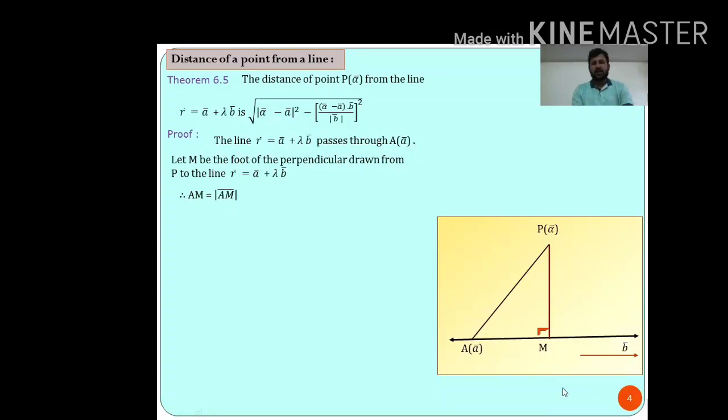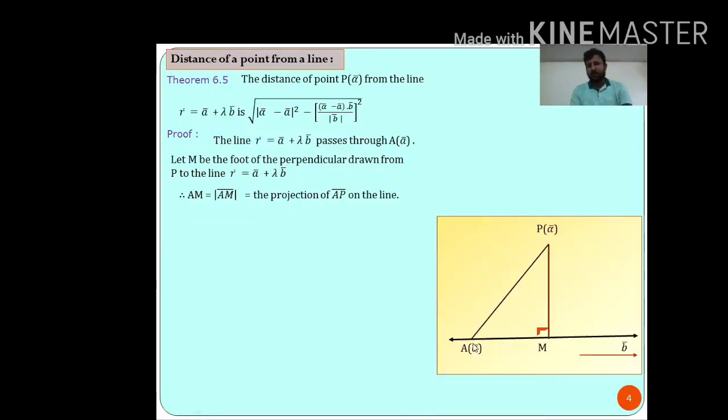Then AM, this distance, is the modulus of vector AM bar. AM bar is obtained by the projection of vector AP bar on this line.